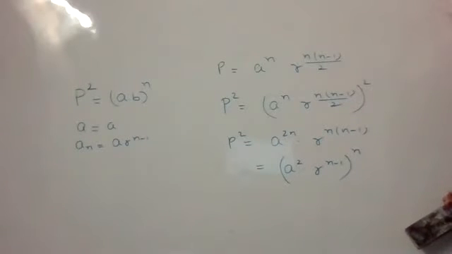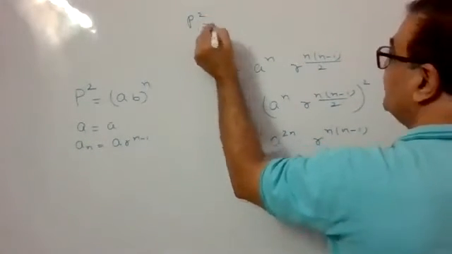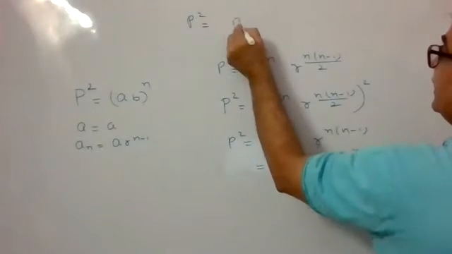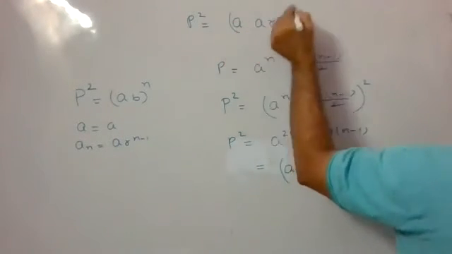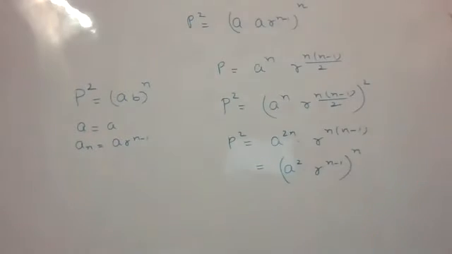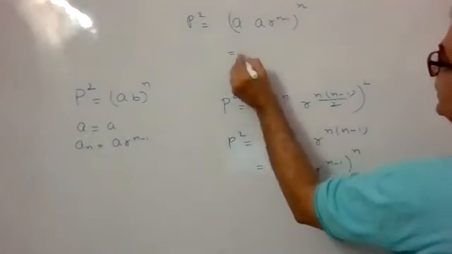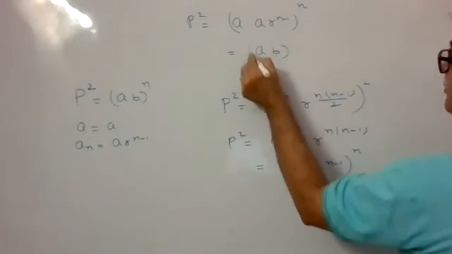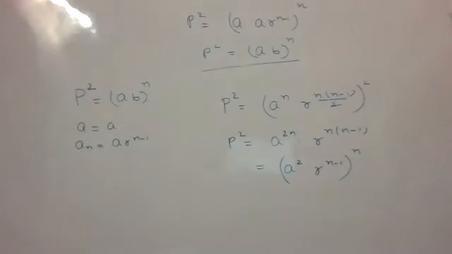Yes, is it right? Then you can write this as p square is equal to a into a r n minus 1 whole power n. And a r n minus 1 is what? b. So I should say it will be a b whole power n is coming p square.